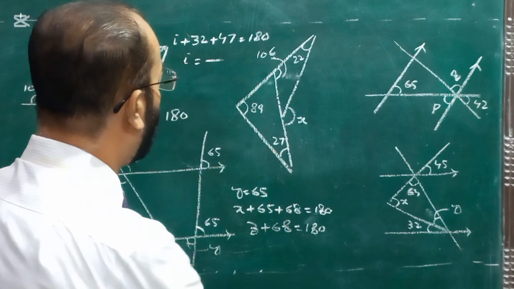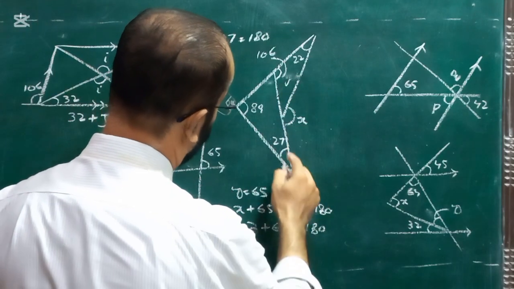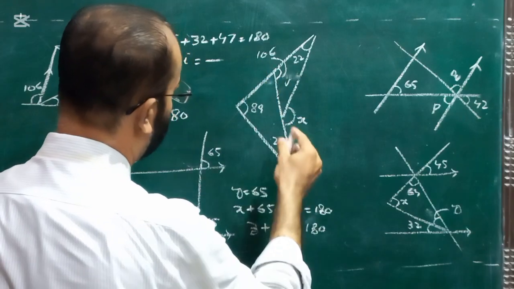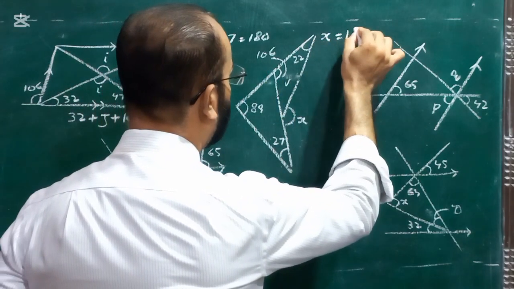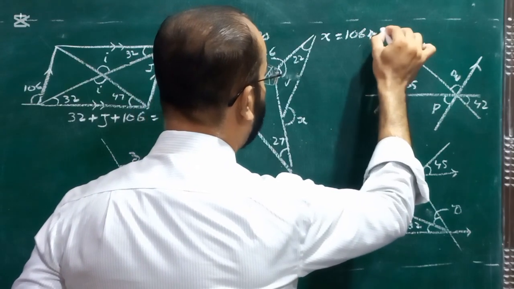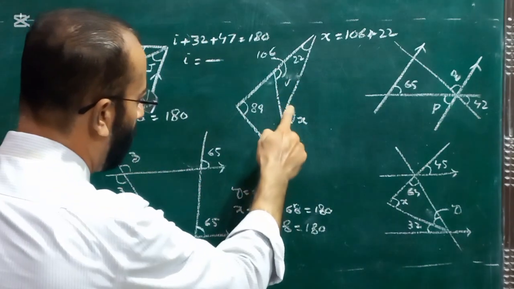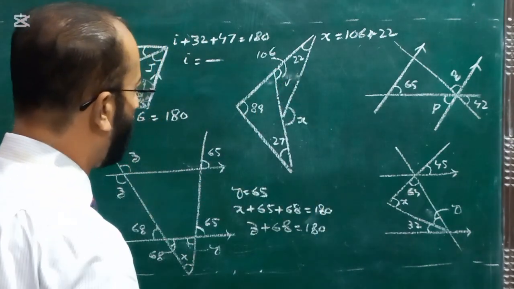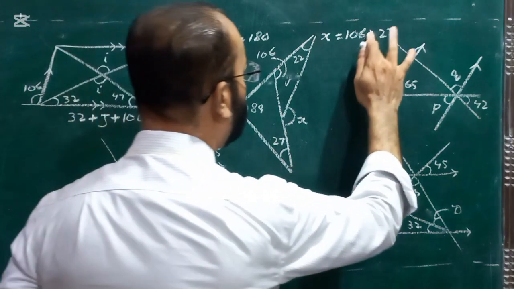Now if you come into this triangle, X will be equal to 106 plus 22, because the same property will be applied in the other triangle also. The outer angle is equal to the sum of the opposite interior angles. Okay, this is also done.